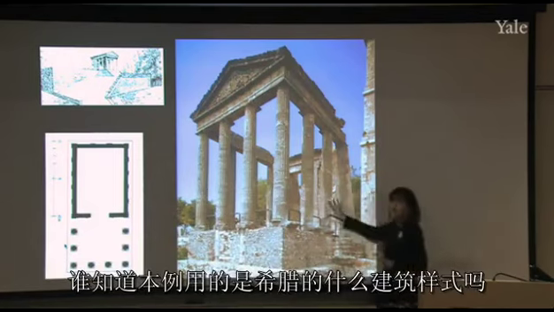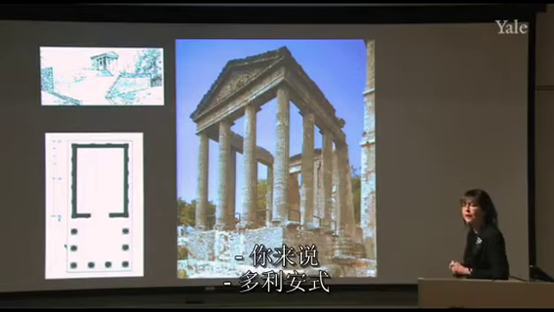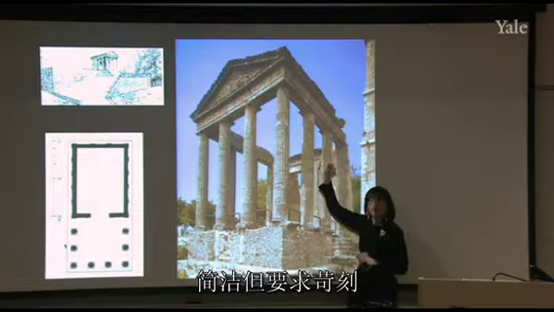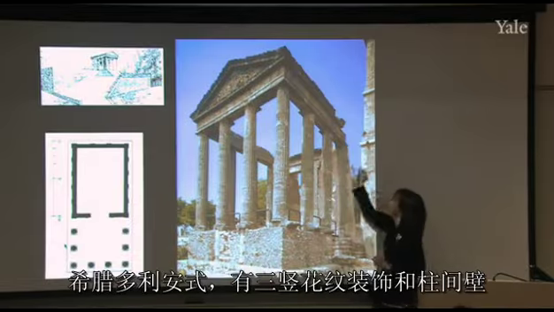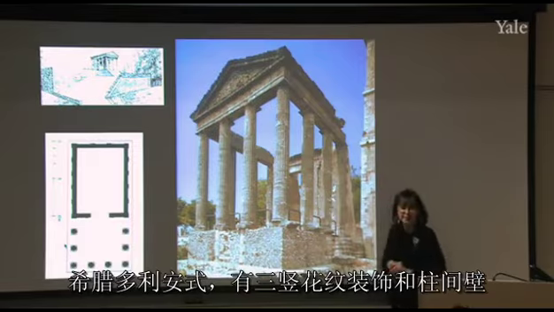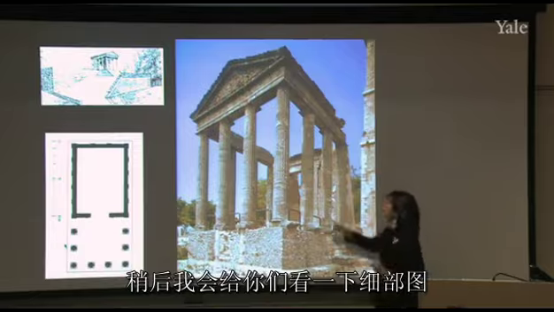Now again, anyone who knows your orders, what Greek order is used here in this building? Yes, the Doric order, the simplest and most severe order, the Greek Doric order, and the system of Greek triglyphs and metopes. I'll show you a detail in a moment, and I'll explain what those are.